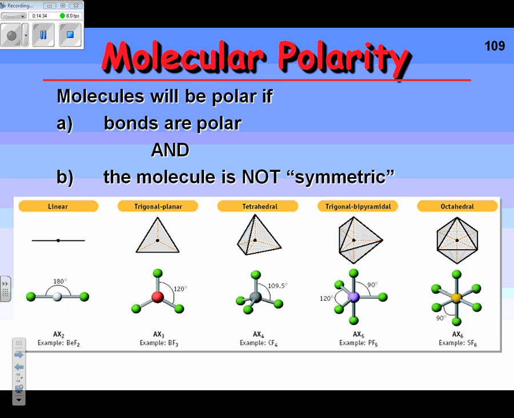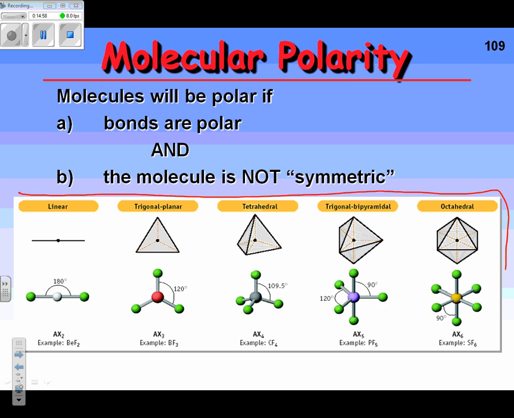So if they have polar bonds and are one of these five shapes, I think I said that wrong. Let me try that again. All of these shapes are symmetrical, and so these will not be polar.